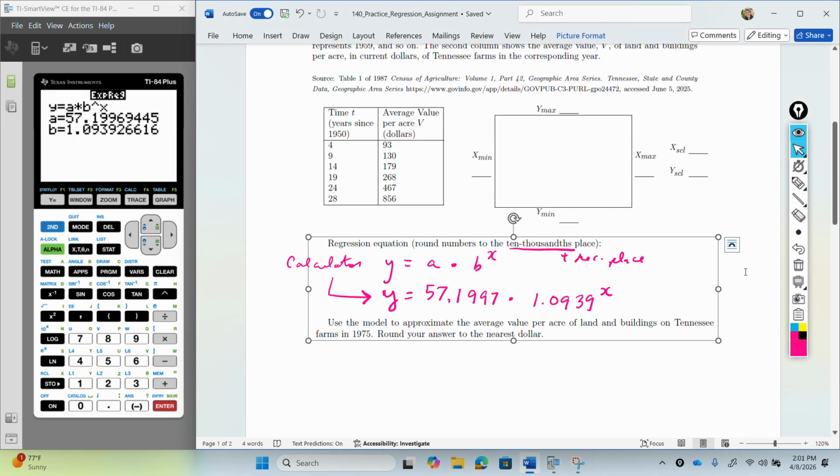That is not the regression equation for this problem. For this problem, your x values are in the first list, but they're actually t values. And your y values, which we made the second list, is actually going to be a v. So the way it needs to be written is, instead of a y, we have a v.